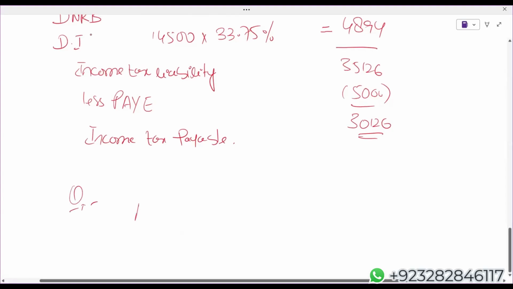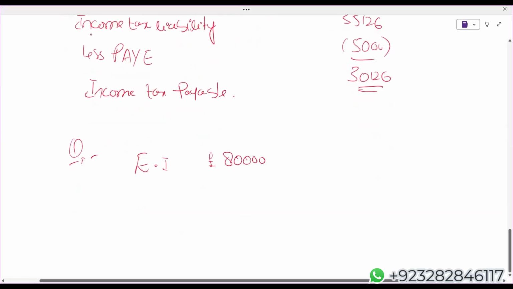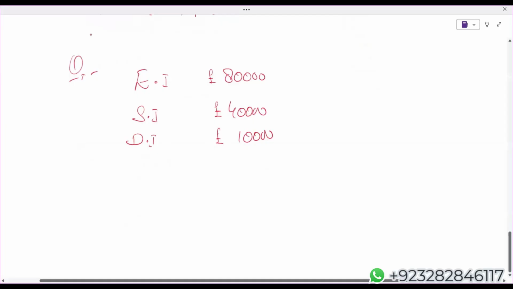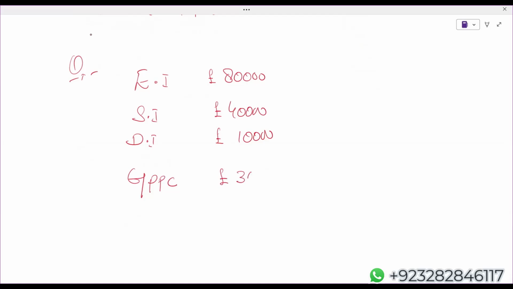Now let's see. Employment income is 80,000. Saving income is 40. Dividend income is 10,000. Gross personal pension contribution, gross PPC is 30.